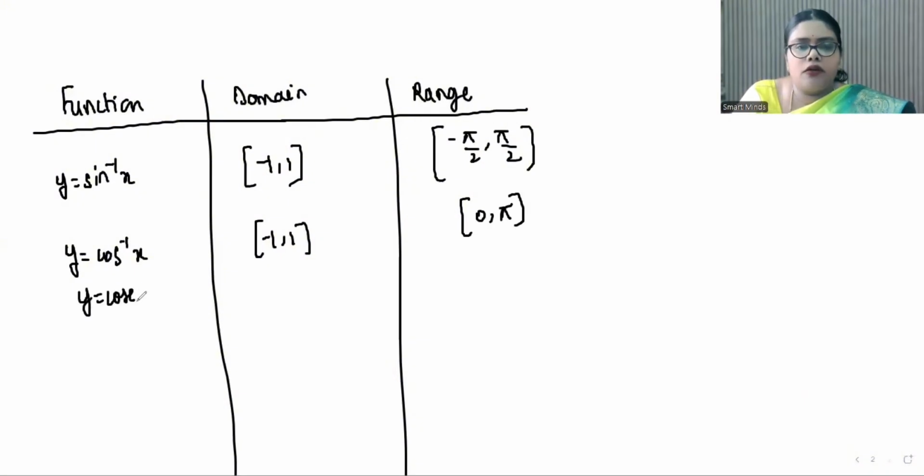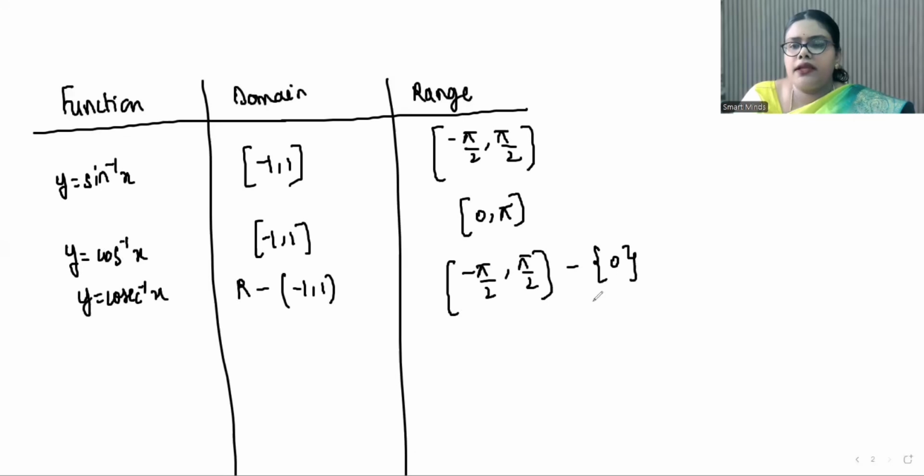Y is equal to cosecant inverse x. Domain is R minus open interval minus 1 comma 1. That means it takes all real numbers except for minus 1 and plus 1 in the open interval, and the range will be closed interval minus pi by 2 comma pi by 2 minus 0.